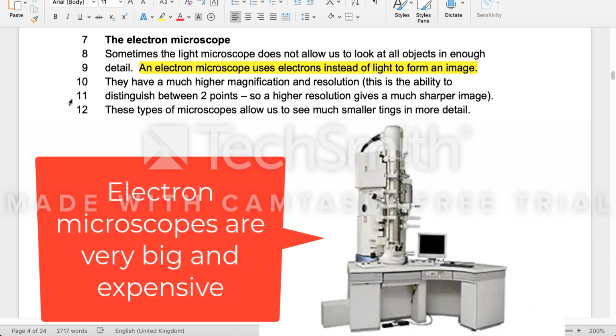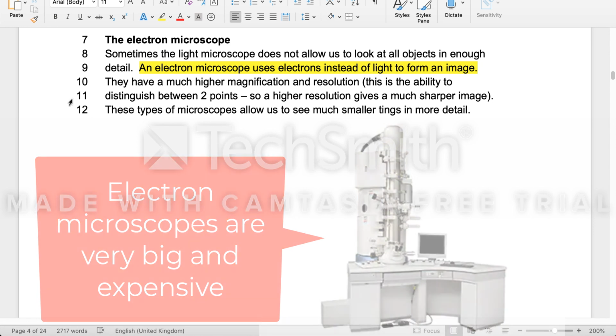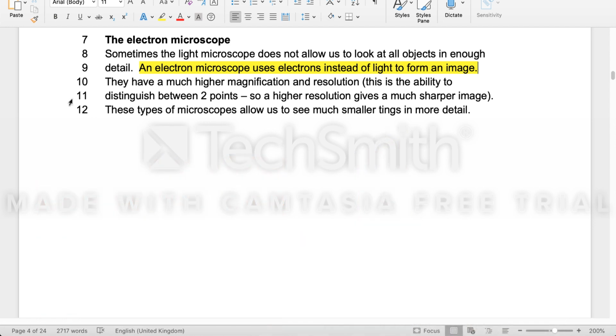Obviously you don't need to know the details of how it works, but what you should know is that if you think back to your atomic structure, atoms are made out of protons, neutrons, and electrons. We actually have the technology to shoot a bunch of electrons through a cell, and they'll bounce off of certain materials.